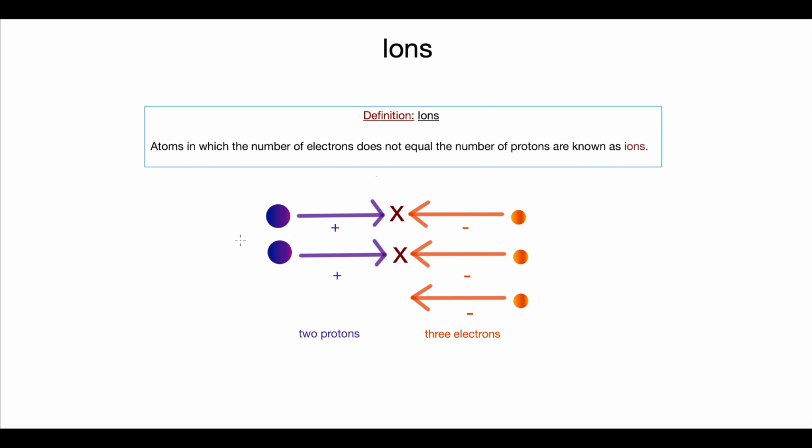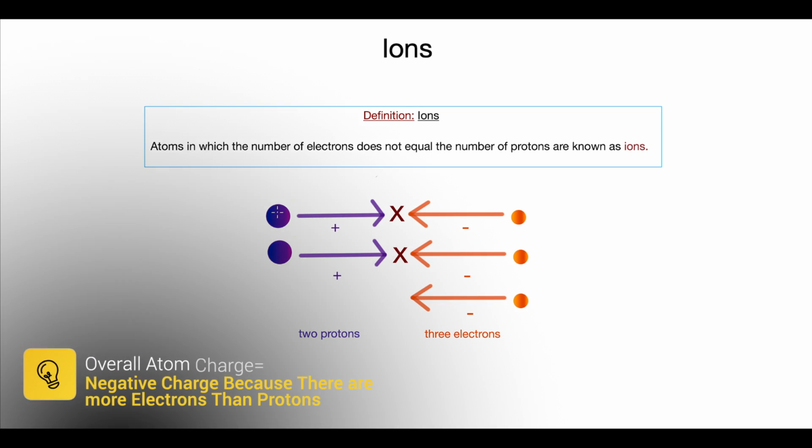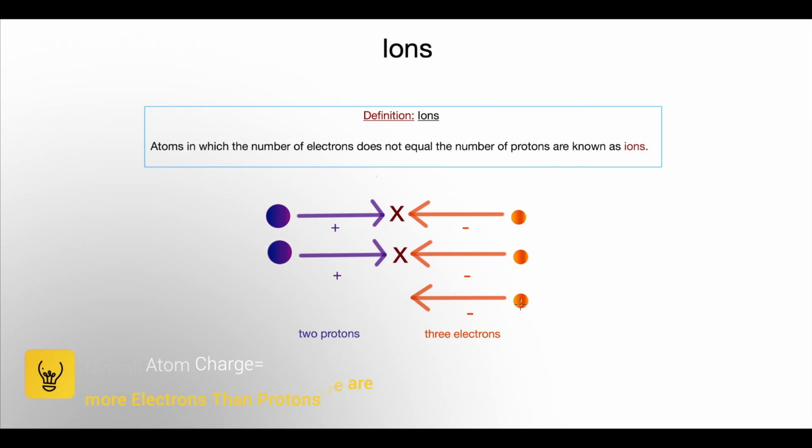So we can add them together and see that there are more electrons than protons. Hence, this atom would be negatively charged. So in other words, this proton counters this electron, this proton counters this electron, but there's no proton to counter this electron. Hence, the atom is overly negatively charged.